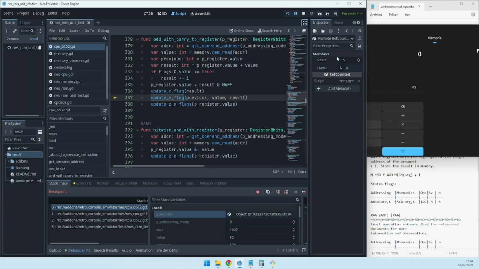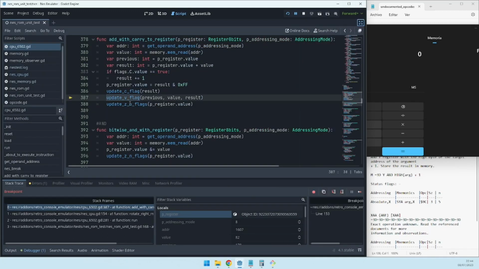P register value is 5. It is just not updating this. Okay, I was worrying for nothing.